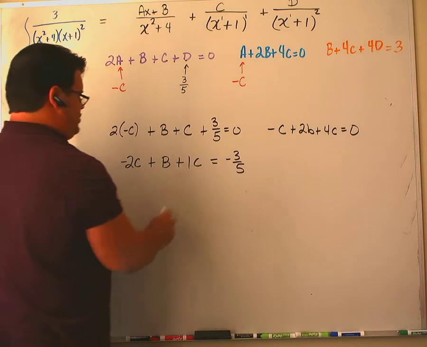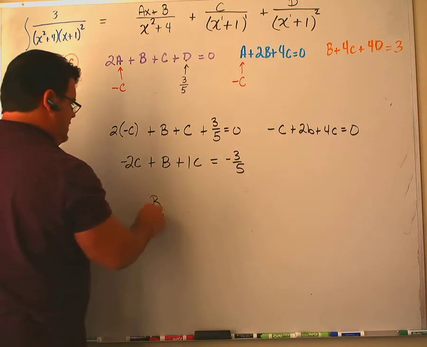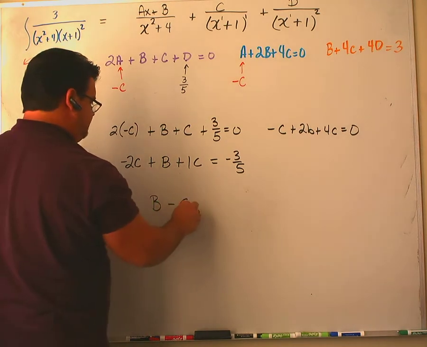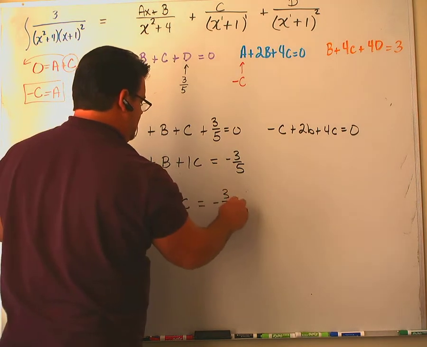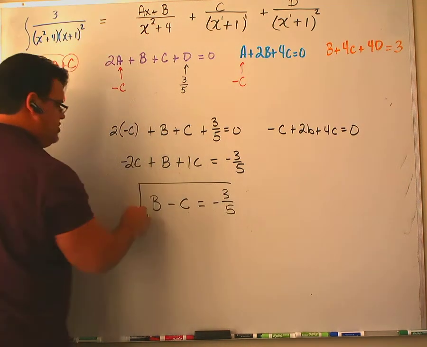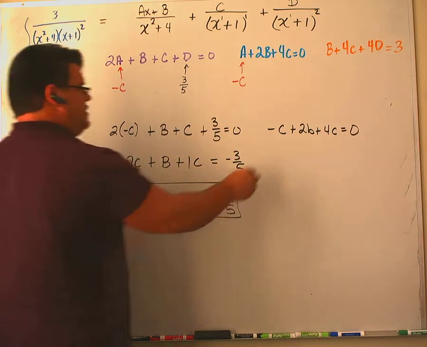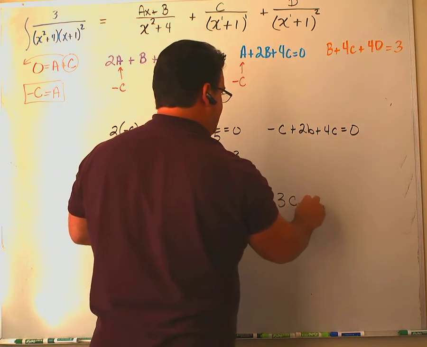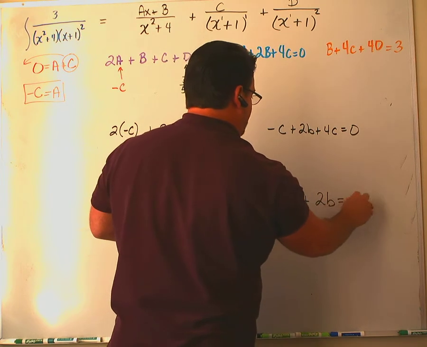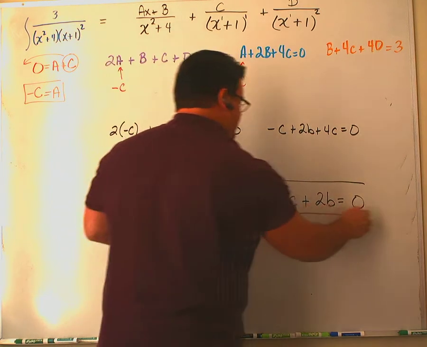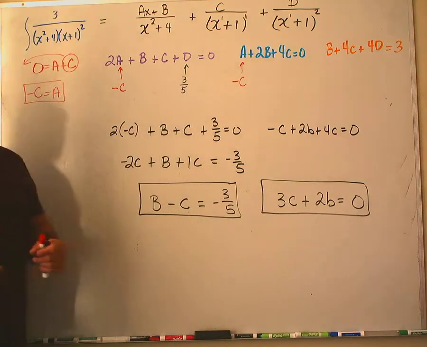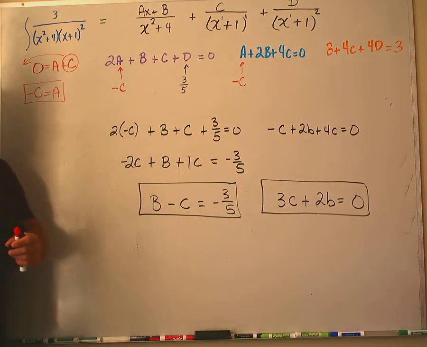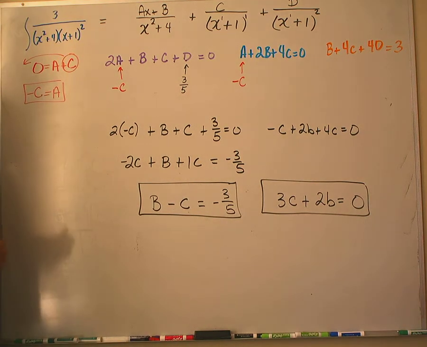Negative 2C plus 1C is negative C. So there is one equation. And our other equation is here, negative C plus 3C, so 2C plus 2B. Now we have two equations and two unknowns.